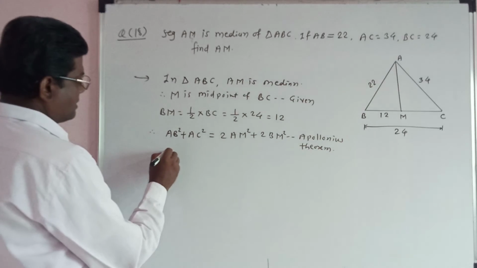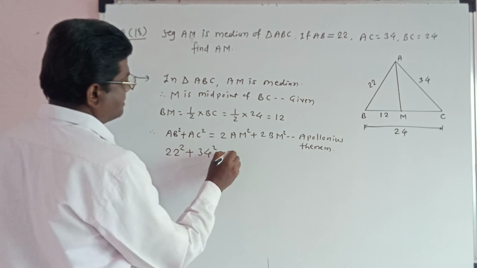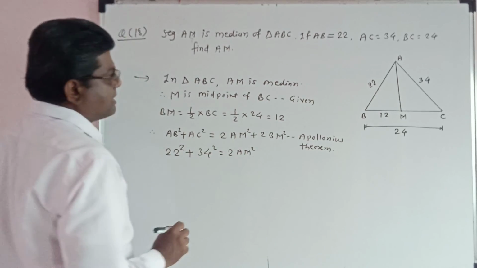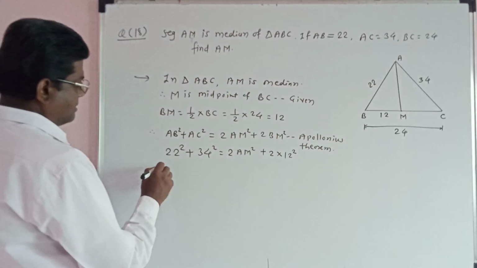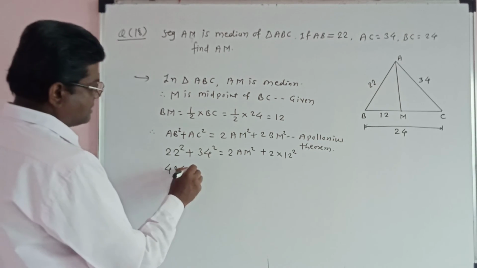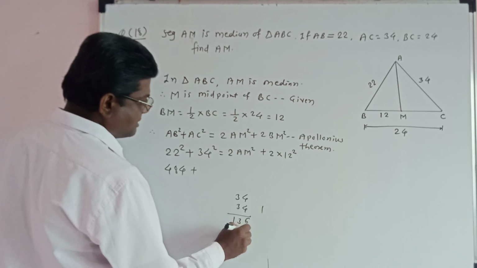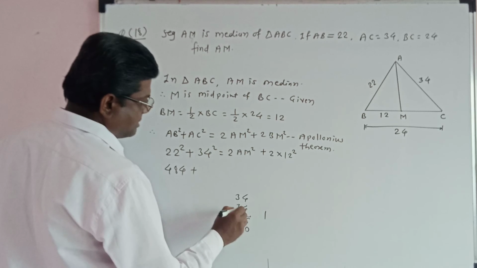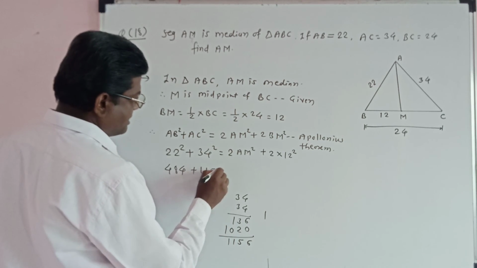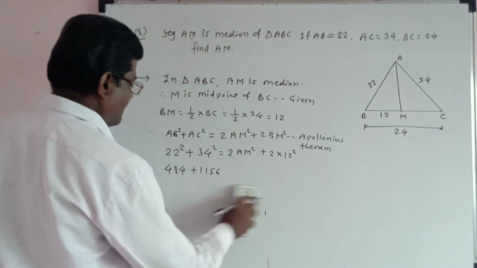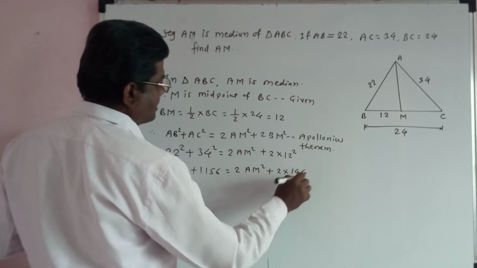Now AB, that is 22 square, plus AC 34 square, is equal to 2 into AM square, which AM is to be found here, plus 2 into 12 square. 22 square is 484. 34 square, 34 into 34, is 1156, is equal to 2 into AM square plus 2 into 12 square, which is 144.